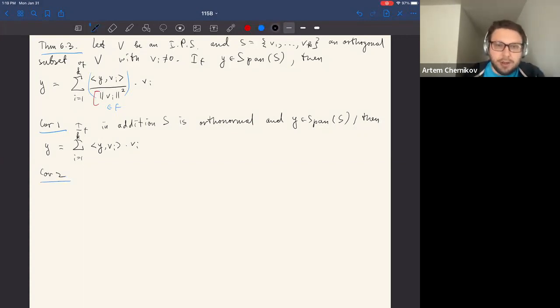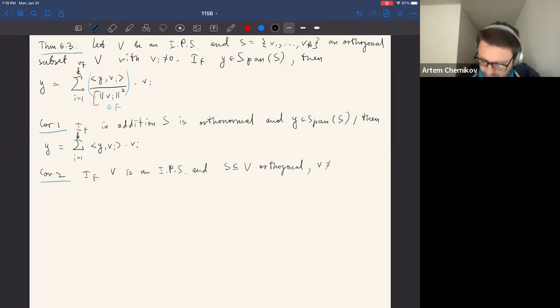Okay, this is corollary 1, and corollary 2. We have that if V is an inner product space and S is an orthogonal subset of V, such that v is not equal to 0 for all v in S, so assume it consists of non-zero vectors, then we have that S is linearly independent.